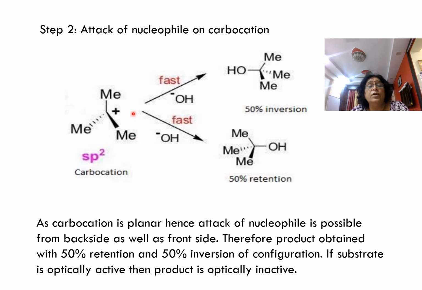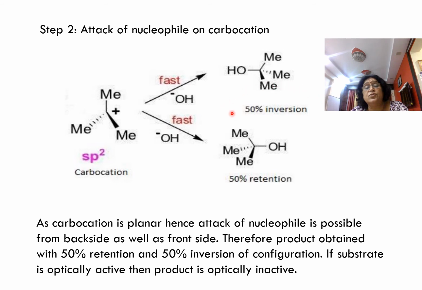Clear? Now, if the substrate is optically active, which means it contains a chiral carbon, meaning the carbon to which 4 different groups are attached, then the product formed will have 50% inversion and 50% retention, that is, a mixture of 50% inverted product and 50% retention product.